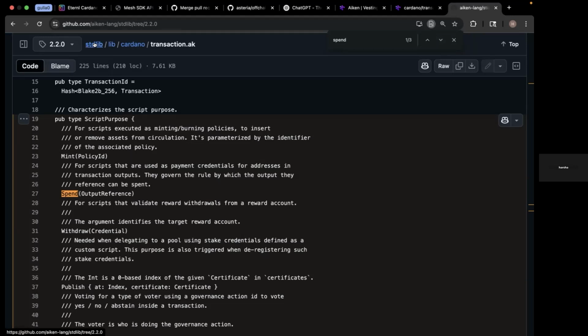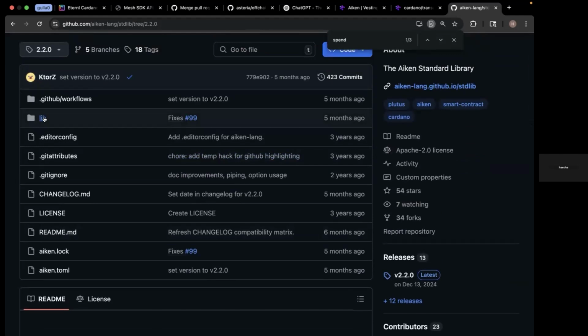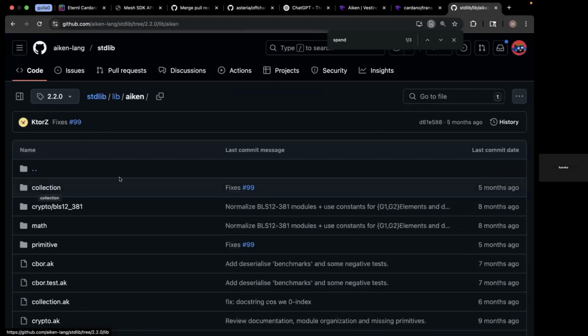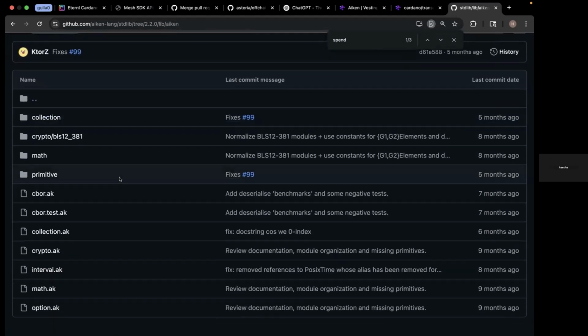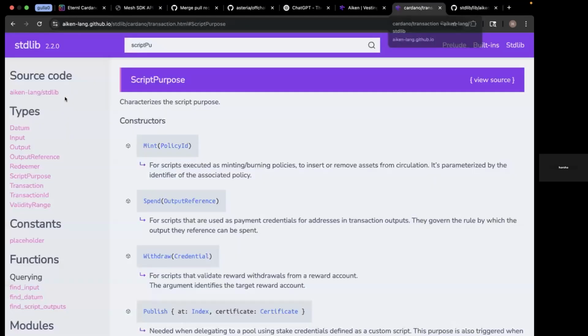Standard library is where we look, I would think, and in library there is aiken and cardano. So I would think this is an aiken thing. And in aiken, script purposes is in, one second, so cardano transaction.